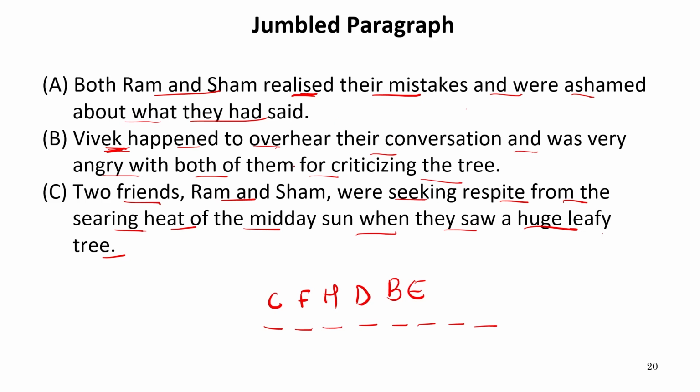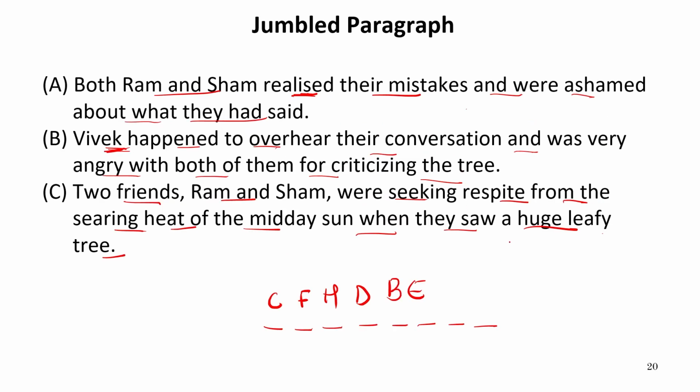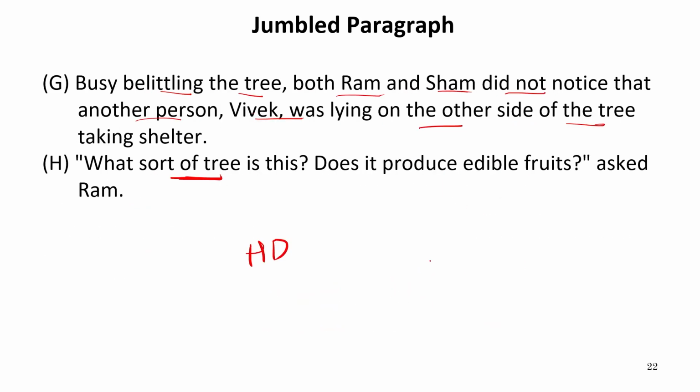But there is one more sentence, busy belittling, which means busy criticizing the tree. Both Ram and Sham did not notice that another person, Vivek, was lying on the other side of the tree. So this sentence should come before the entry of Vivek. Therefore, now let us have this sentence first, that is G.